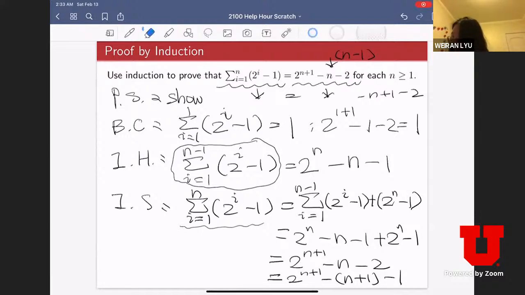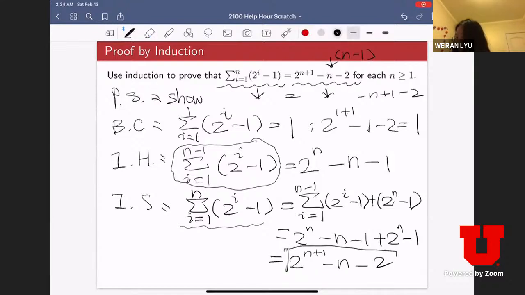Yeah, so right here would be minus, oh, never mind. My bad. Sorry. I'm thinking about the n plus 1 term. So it should just be in this form. This would be your final answer. And that's exactly the two equations you have here, which shows that P of n is true.